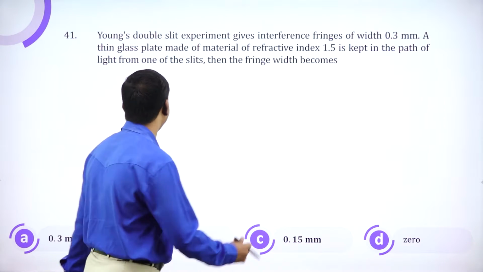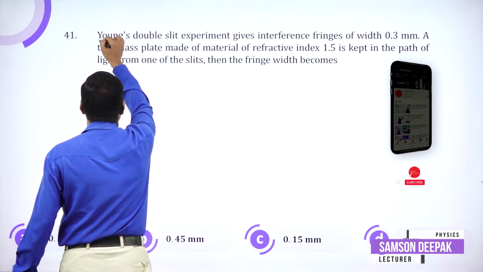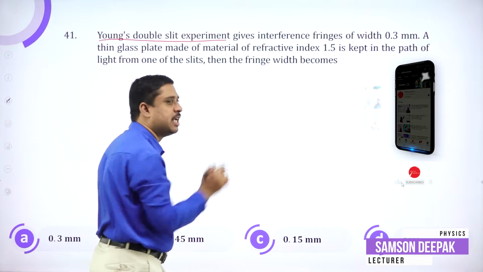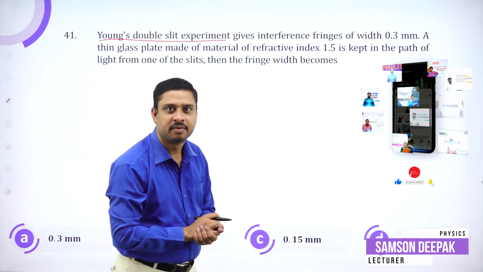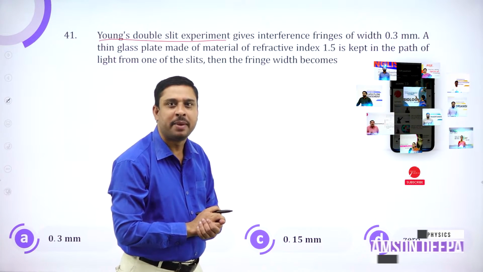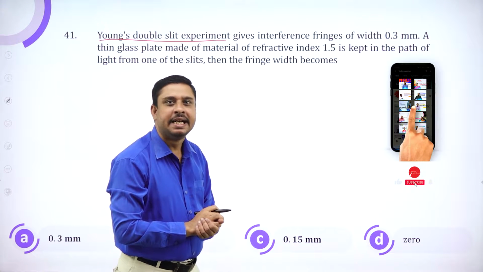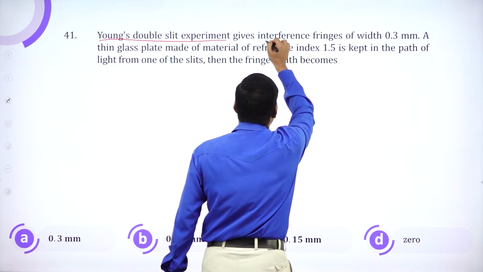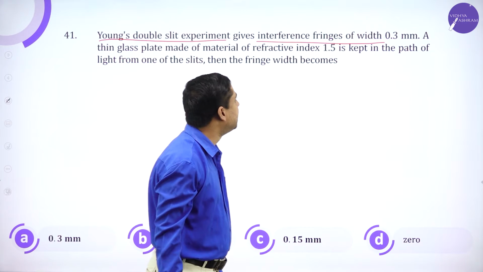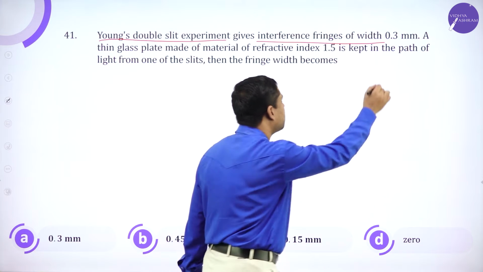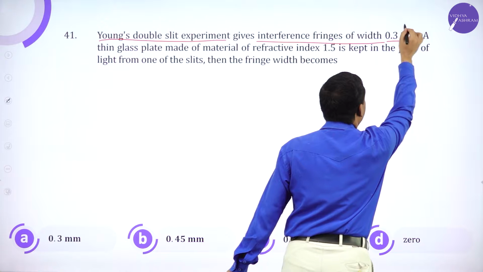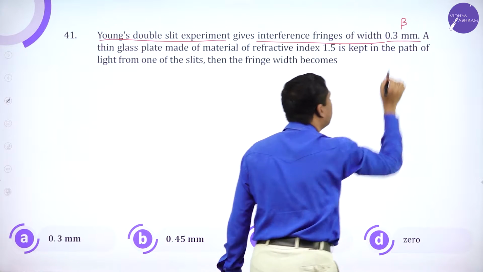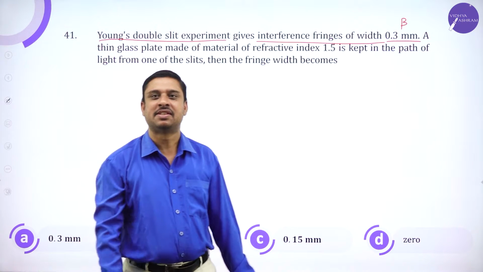The next problem, Young's double slit experiment. We are performing Young's double slit experiment, which gives interference fringes of width 0.3 millimeters.